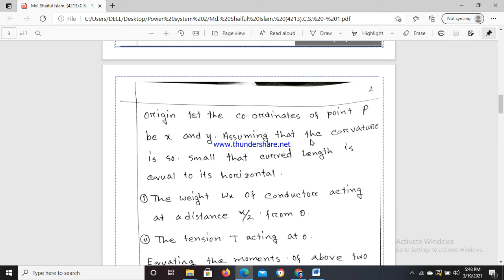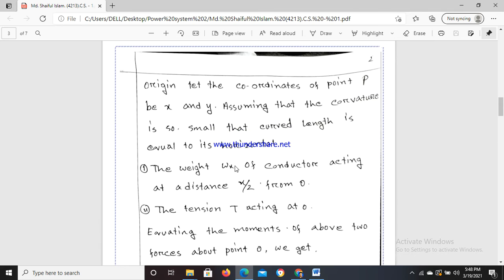Assume that the conductor is so small that the curved length is equal to its horizontal length.